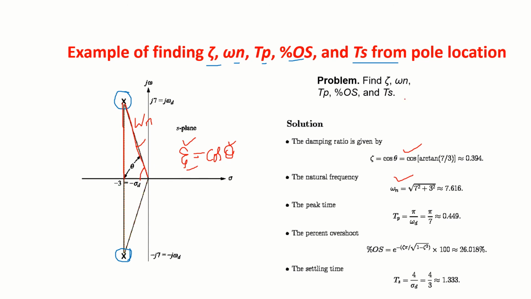Now C of S by R of S is equal to omega n square over s square plus 2 zeta omega n s plus omega n squared.